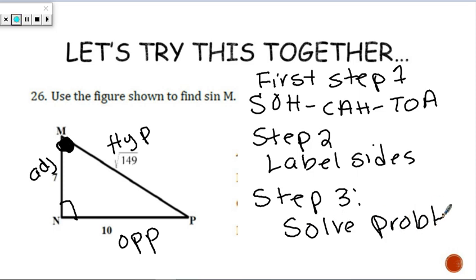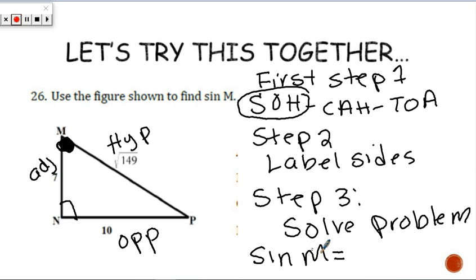So if I look here, it asks me for sine, so I'm going to use SOH, which is opposite over hypotenuse. So that means sine M equals, the opposite is 10, and the hypotenuse is the square root of 149. So that's the answer to that.